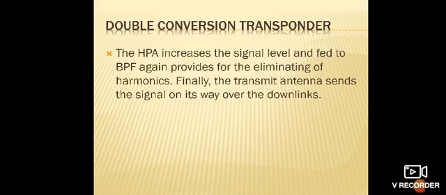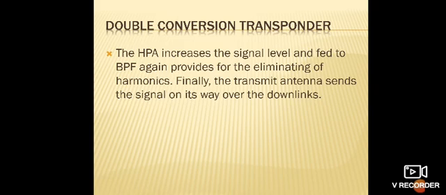Next, the HPA, that is the high power amplifier, increases the signal level, and it is fed to the BPF again, which provides elimination of the harmonics present at the last block.